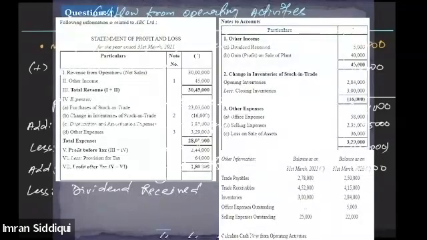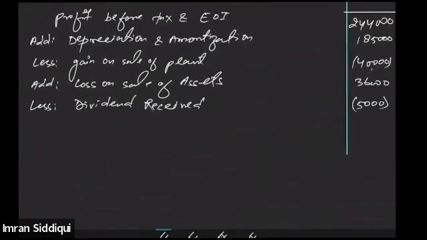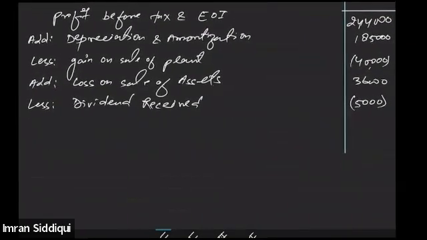The dividend received is given as 5,000. Got it, everyone? Is this clear? Yes or no? I'm not able to see any other thing that can be classified as an extraordinary item.